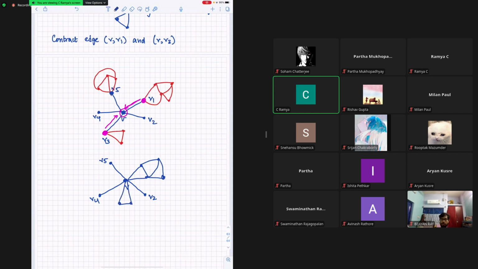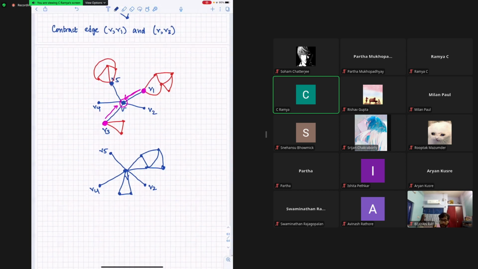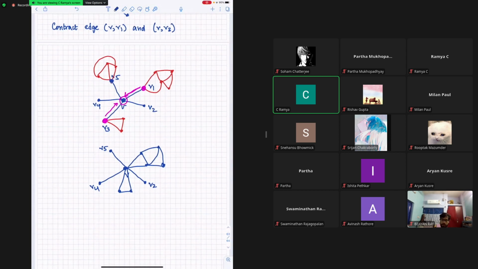And so now the most important thing to remember is after edge contraction, the graph is on a fewer number of vertices. At least one vertex would have gone out, right? V1 and V3, both we have contracted into V. So after edge contraction, it has fewer vertices, and it is still planar.